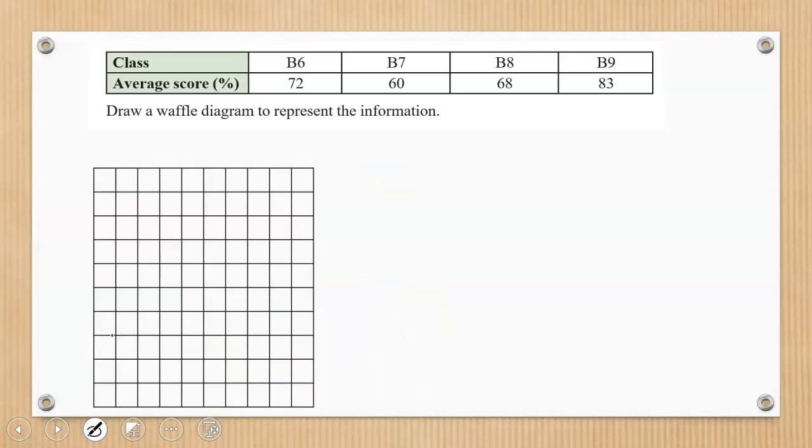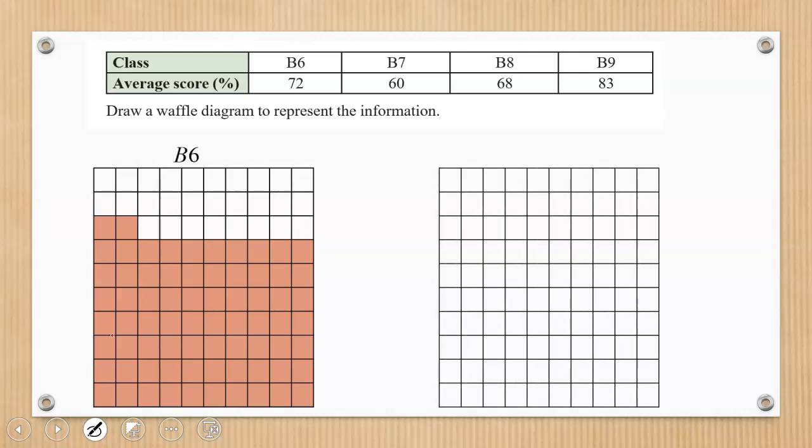Now what we are going to do is represent every grid by a class, so that we can compare their percentages. Since we have B6 to be 72, we shade 72 of the cells, which represents 72%. Then B7 is 60%, so we shade 60 of the cells.